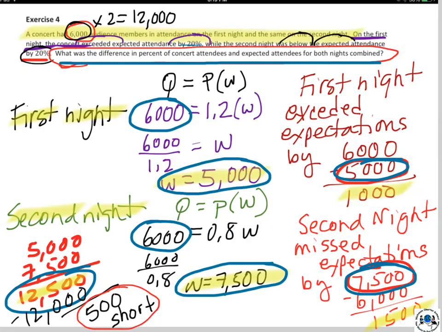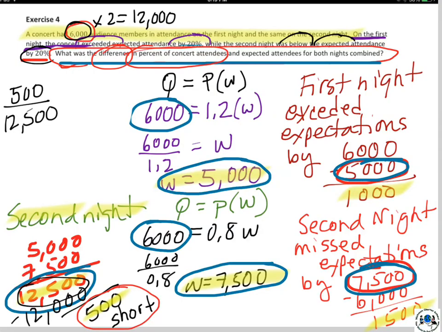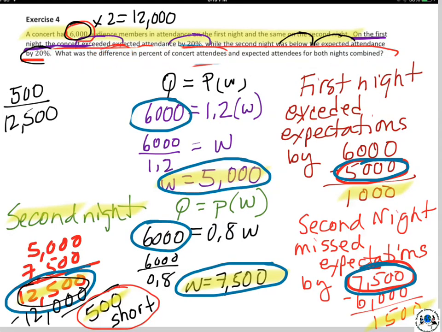But we are still not at our answer, because our answer asks what was the difference in percent of concert attendees. So we need a little bit of division here. We're going to take 500, which is how much we were short, and divide that by 12,500, because that was our expected attendance. And you can see up here how this question is worded and how we plug in what we need to plug in based on the wording.